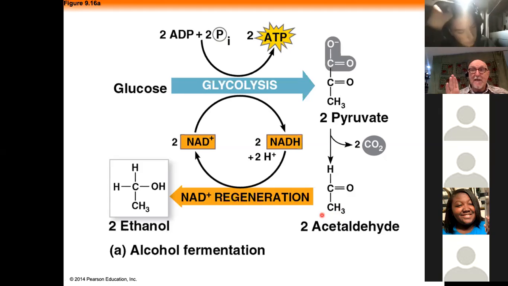So that's exactly what fermentation is. Remember, whenever you're asked, what is the purpose of fermentation? To the cell, the purpose is to regenerate NAD+. Why regenerate NAD+? So that glycolysis can continue. Why do you need glycolysis to continue? Because you have no oxygen and you have to have a source of ATP.